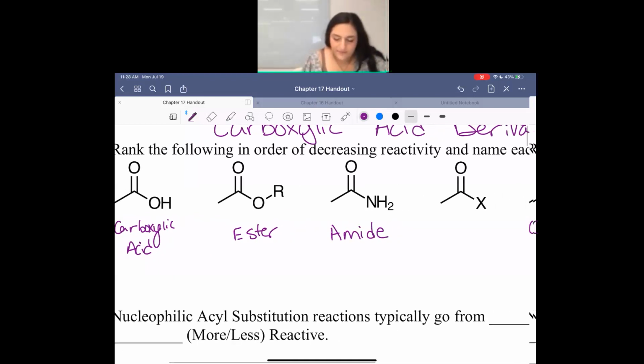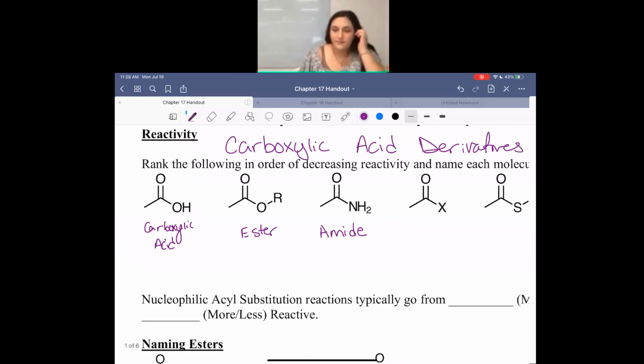All right. These are the new ones. Any idea what this lovely thing is called? An acid halide, cool. Once you substitute the X for a halogen, you can call it an acid bromide, an acid chloride, anything like that.